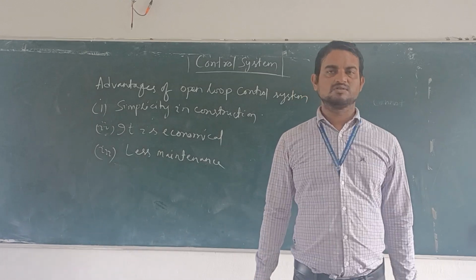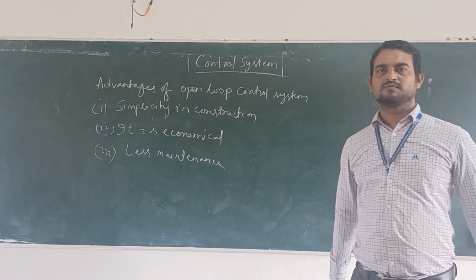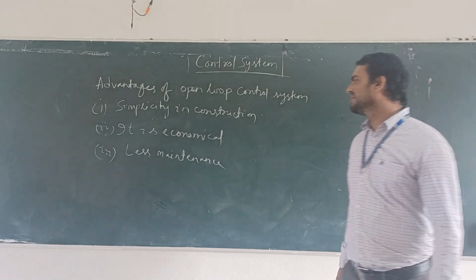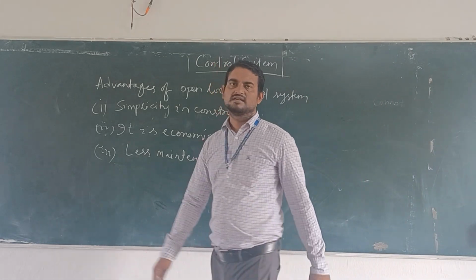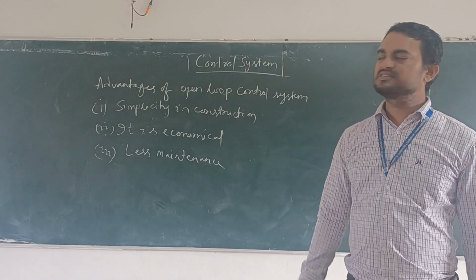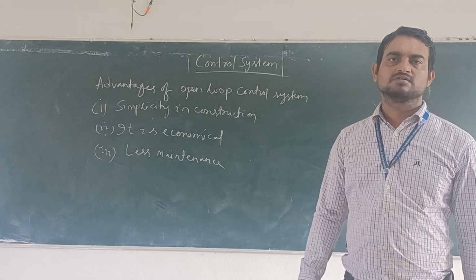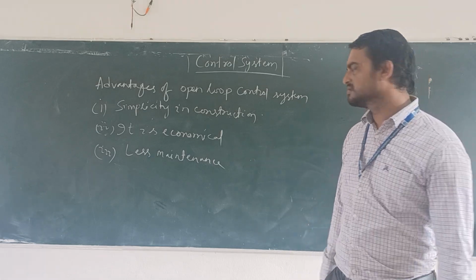Since no feedback is there, there is not much cost for installing the instruments. And another one is less maintenance. Less maintenance, because of the simplicity in construction, so the maintenance cost is less.